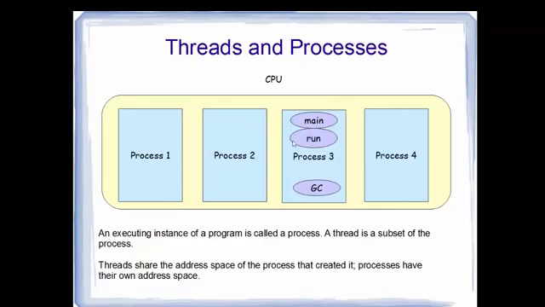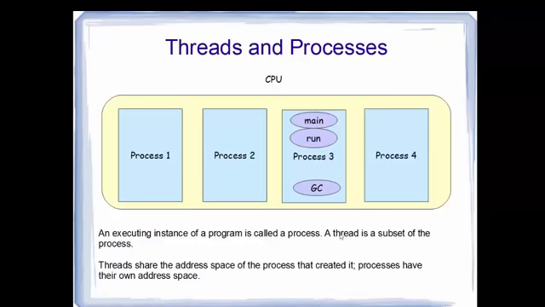For example, we take process 3, which is running Google Chrome, and this process can run different threads. Different tabs are running on the basis of different threads, right? So a single process, for example Google Chrome, is running different tabs, that is, different threads.